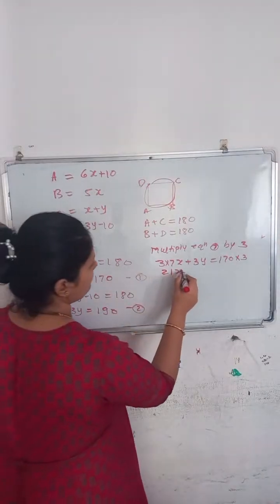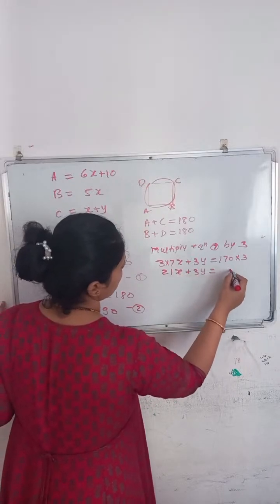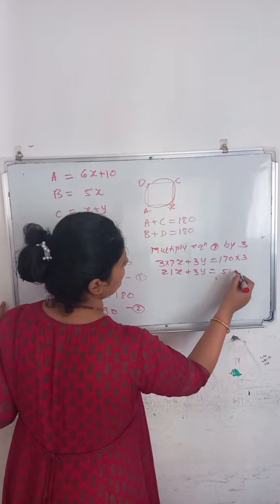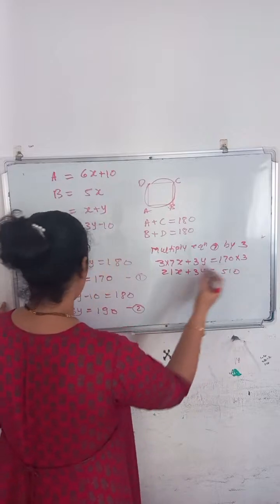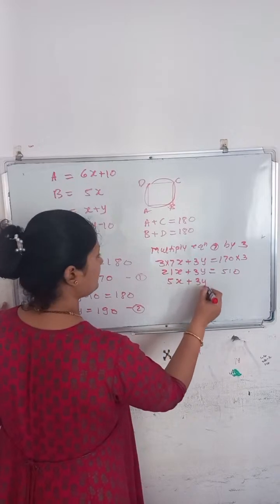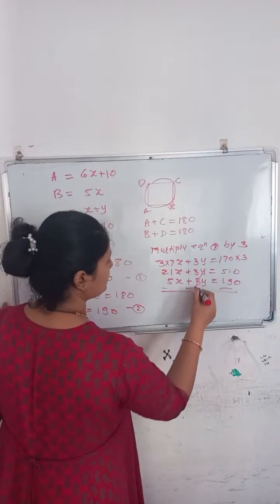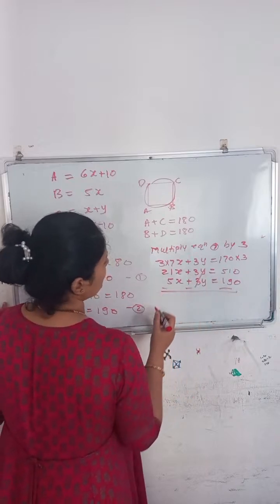So this is 21x + 3y = 510. This is my new equation and I have here 5x + 3y = 190. You can subtract this. So 3y gets cancelled.